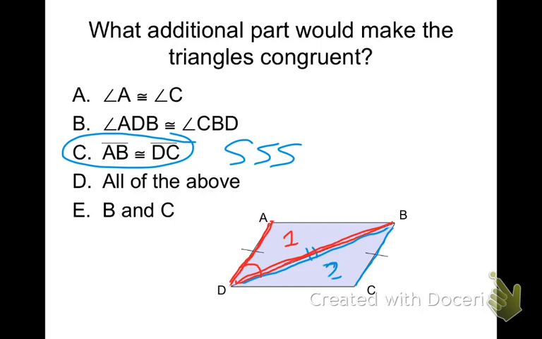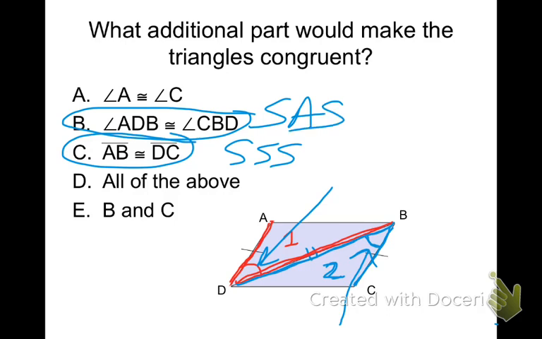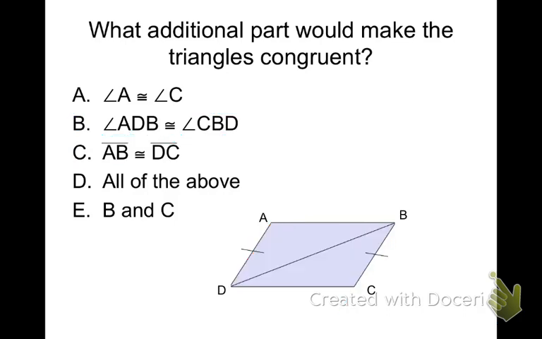In triangle 2, we'd need this shared side, this angle here, and we already know that side BC is congruent to AD. So what we really need is this angle congruent to this angle, and that looks like B as well, and that's going to be by side-angle-side. So B and C both look good, which means ultimately, if we read through our list of choices, it's going to be E. That shows up as the final answer.